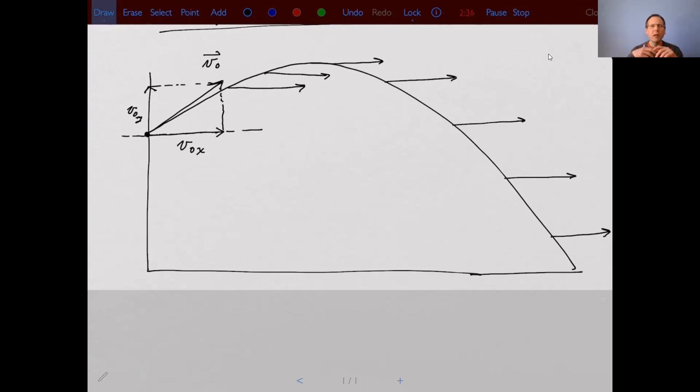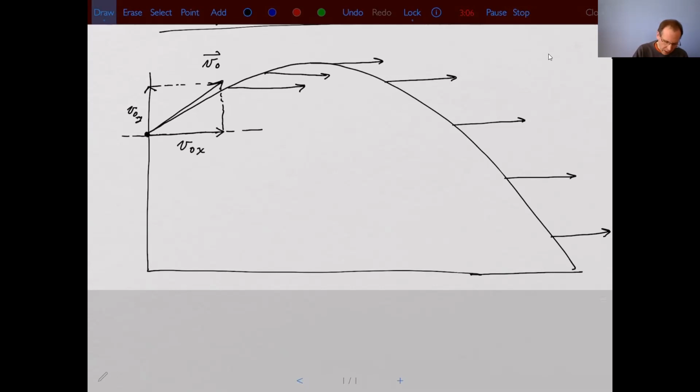Okay. Now, what about the y direction? Well, are there forces acting on the ball in the y direction? Ignoring air resistance again, yes, the force due to gravity, right? The gravitational force, which is the weight of the ball, is acting in the y direction. So in the y direction, we have free rise, free fall motion, right? Remember, any object, if you throw it up in the y direction, and it's only acted upon by gravity, then it undergoes free rise, free fall motion.